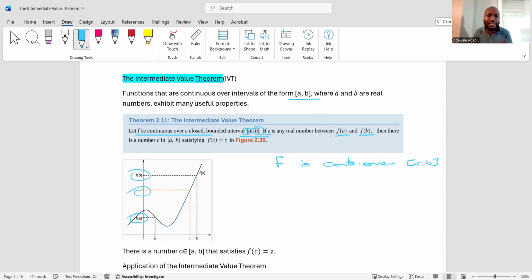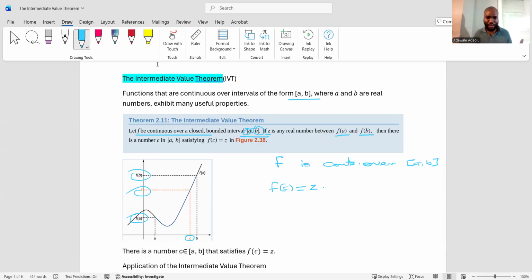So if z is any number in between, then there is a number c in that closed and bounded interval such that when you evaluate your f at that c, it is going to be our z. That is all about the intermediate value theorem.